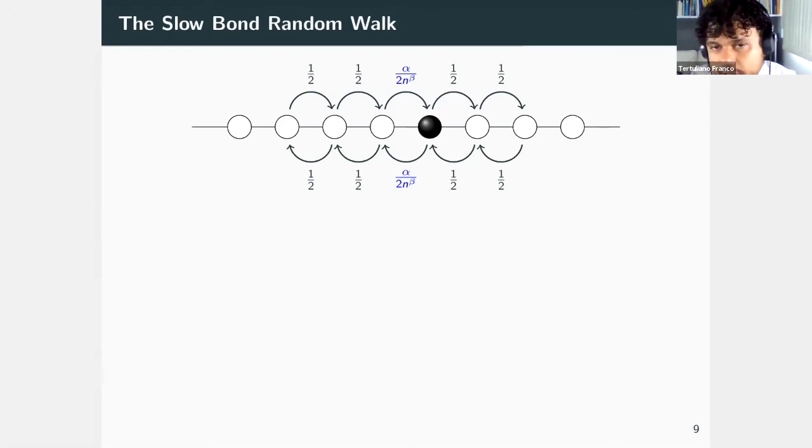The factor 1/2 everywhere is just to put the process in the standard limit to the Brownian motion, but it's the same with or without this 2. We are in continuous time. And this special bond, this slow bond, is located close to the origin.